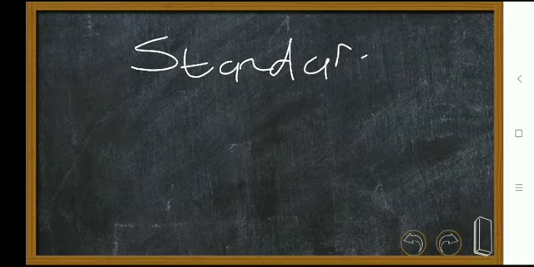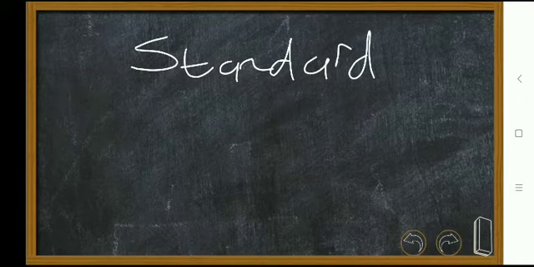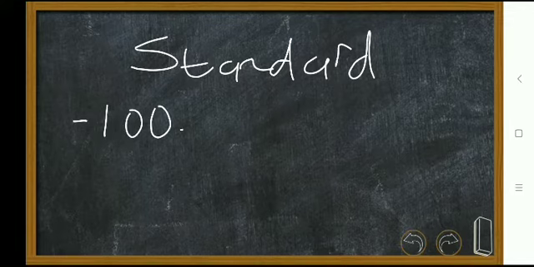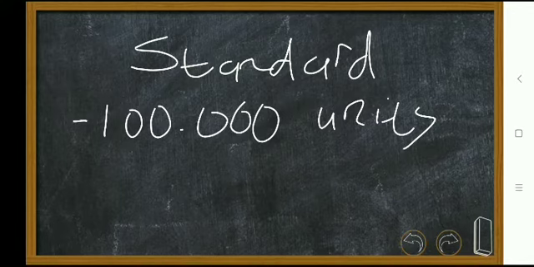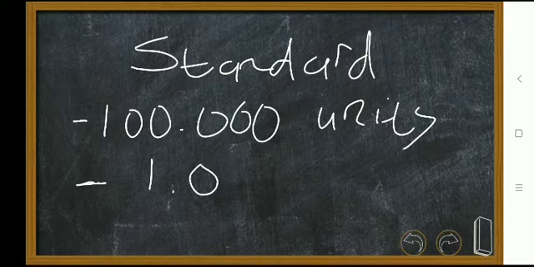What you should know about the standard volume or standard lot is that it represents 100,000 units of the base currency which you'll be buying or selling. It's written out as a volume, or lot size, of 1.0.